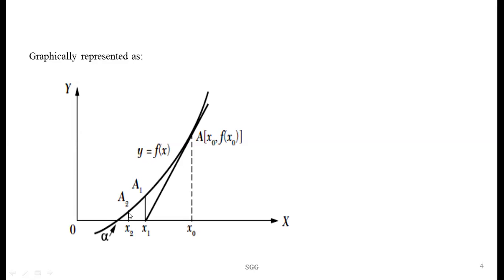And again from point x2 and y2, we will draw a tangent to the curve which will intercept the x-axis, till we move toward the root of the equation, that is alpha, where the function value y becomes 0. So alpha is the root of the equation here.